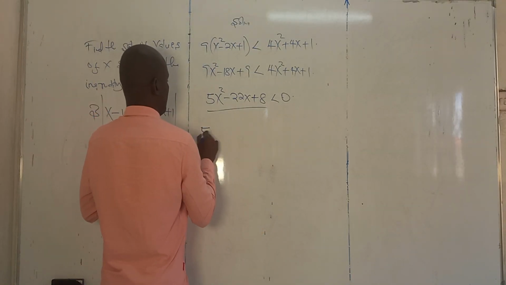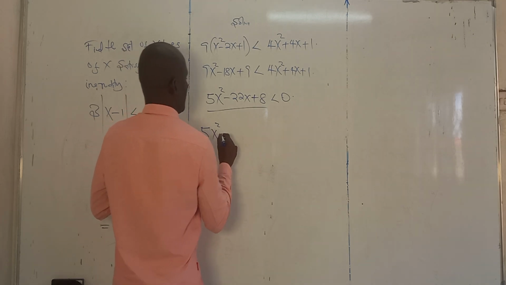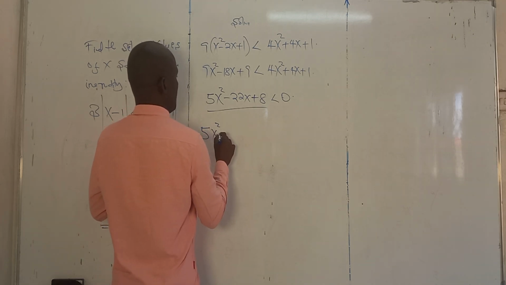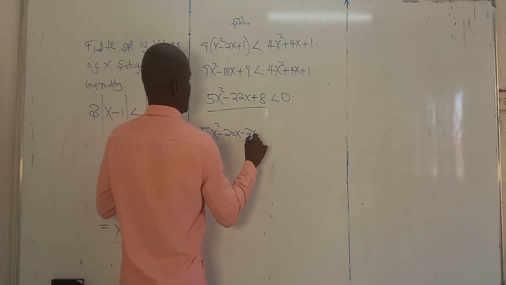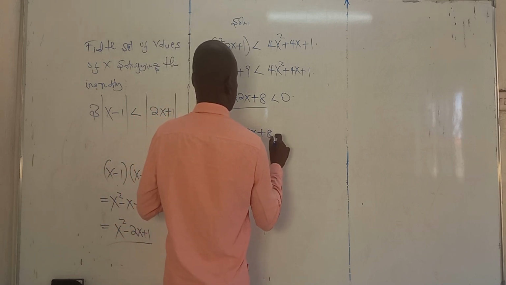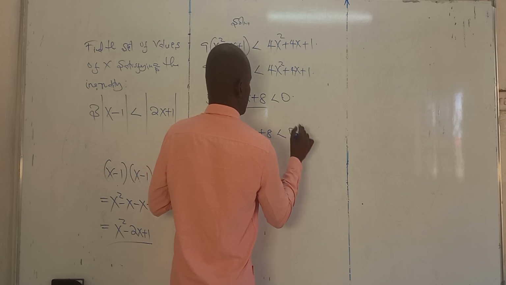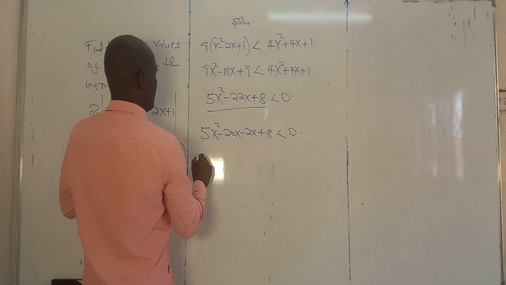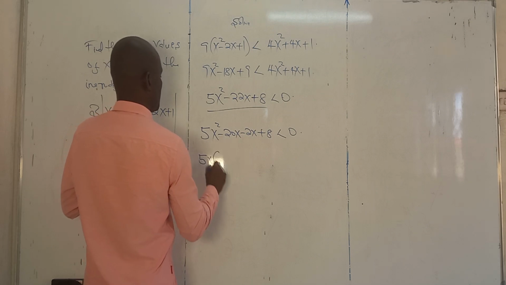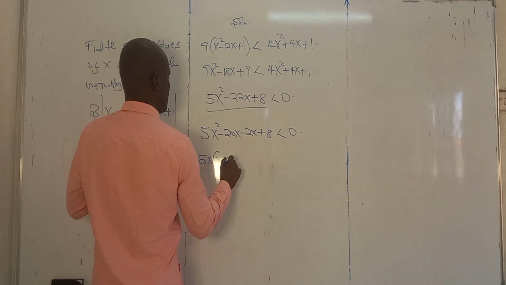So I have here 5x squared minus 20x minus 2x plus 8 is less than 0. So I factorize 5x here. Then this gives me x here, and this gives me 4.